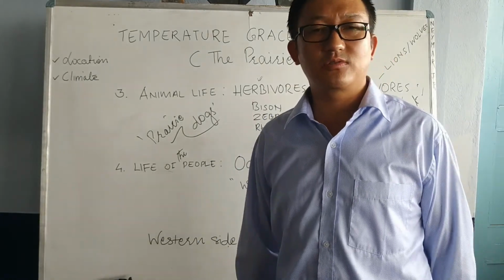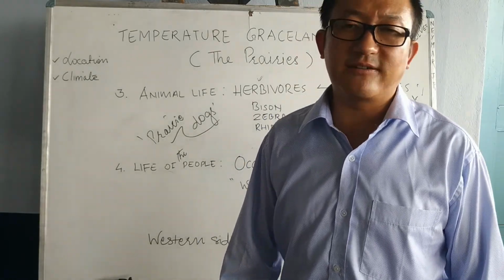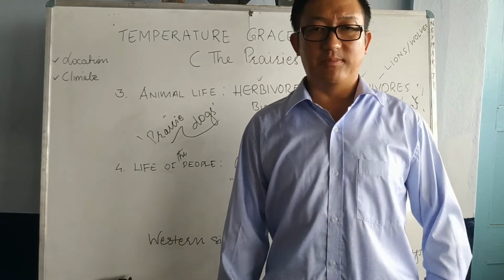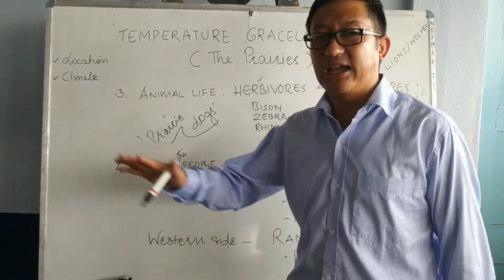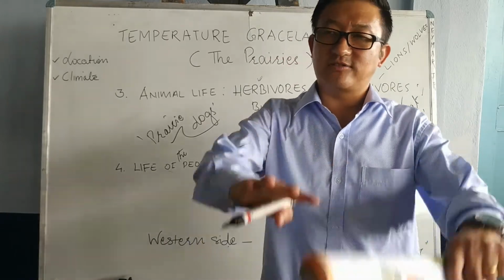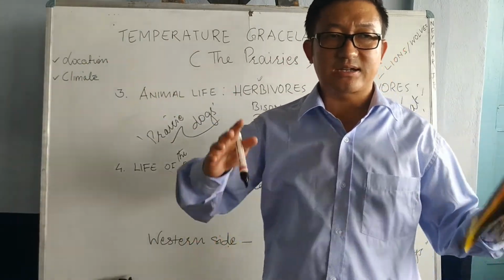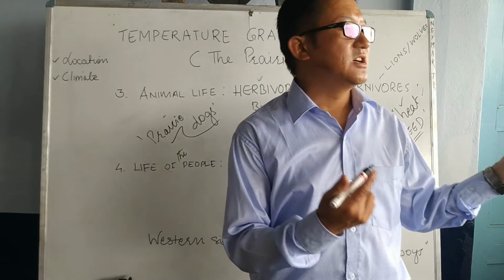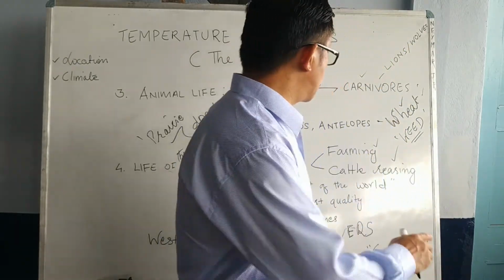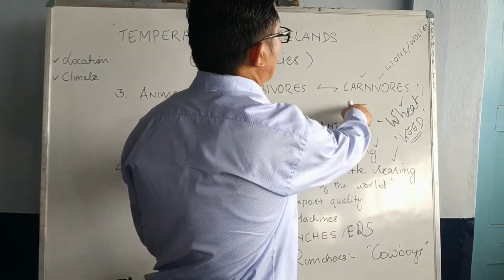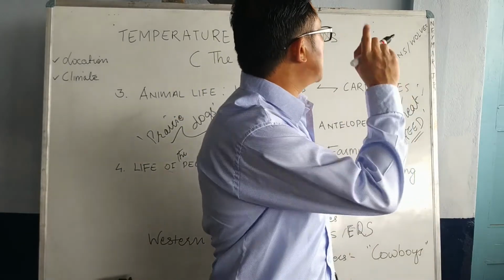They themselves will not look after the cattle because they are the malik, the owners of those cattle. So they will employ cowboys to look after them. Because cattle have to be protected from the jungle animals, carnivorous animals, lions, tigers, wolves.